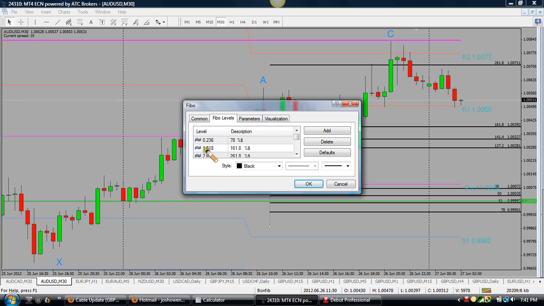The level is 1.618, and the description is 161.8. So copy those all the way down. I'm not sure how many there are, maybe 8 of those that you need to copy.